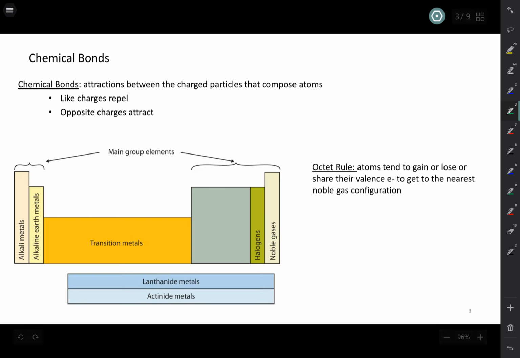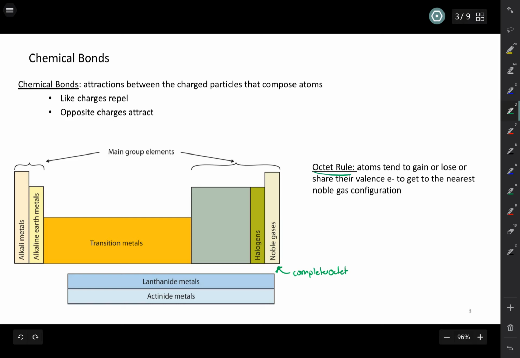Great. So in the last video we talked about octets filling the valence electrons, and we talked about how noble gases have a complete octet, and the other elements will lose or gain electrons in order to have a noble gas-like configuration of an octet. So this is why bonding occurs.